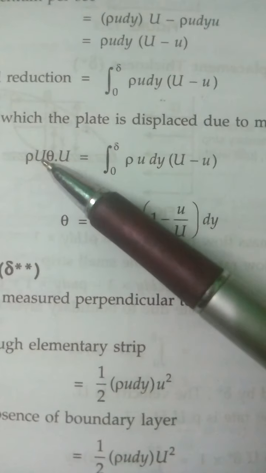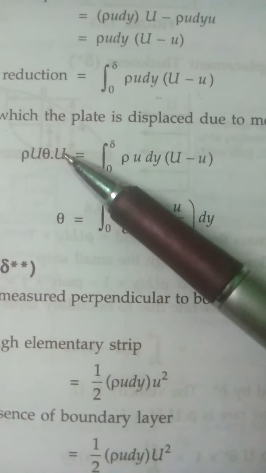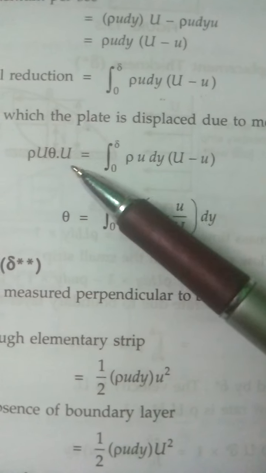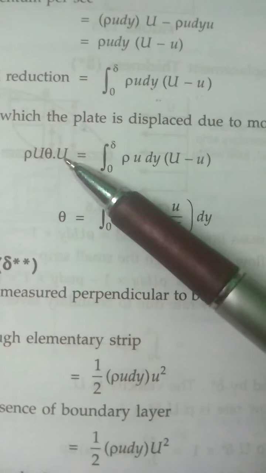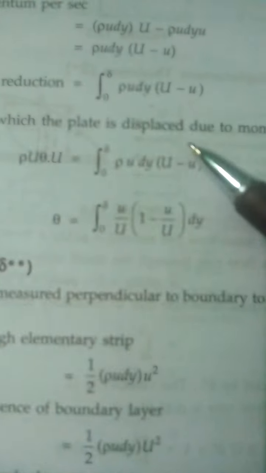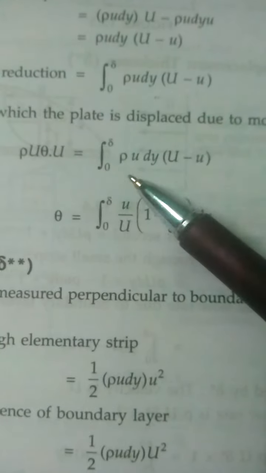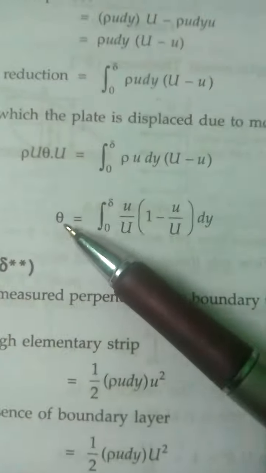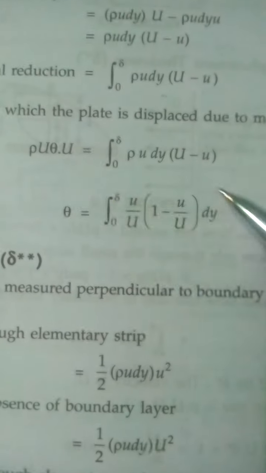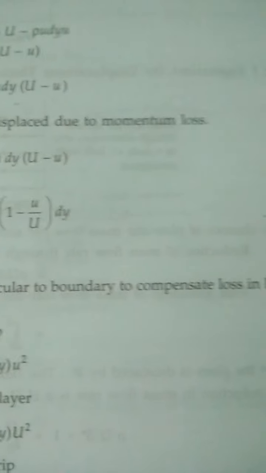In case of u, this will be capital U and multiplied by capital U, because this is the velocity without the plate concept, and this is the total reduction. So this is 0 to delta, theta will be equal to this. This equation is very important.